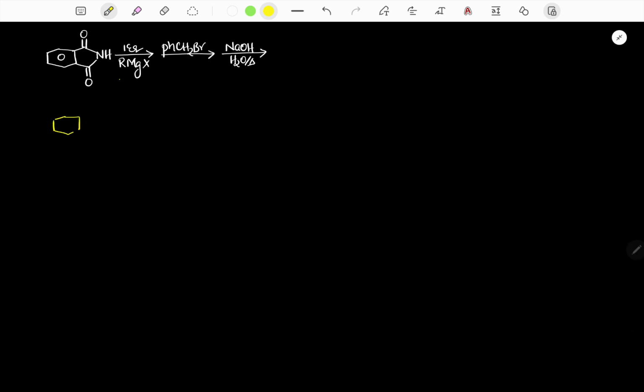The reactant is phthalimide. It is a phthalimide and more acidic than water. So it reacts with Grignard reagent.